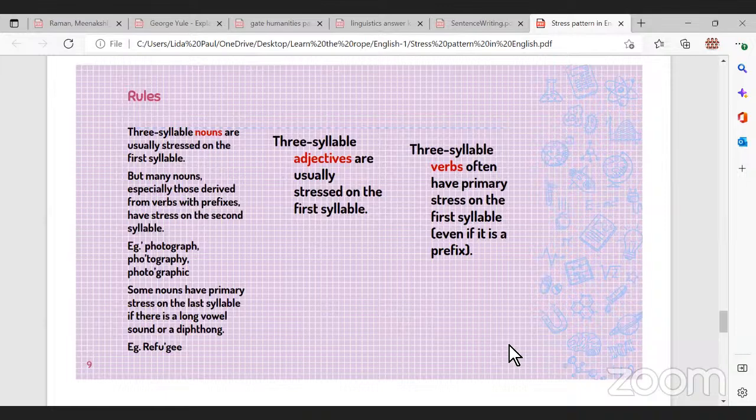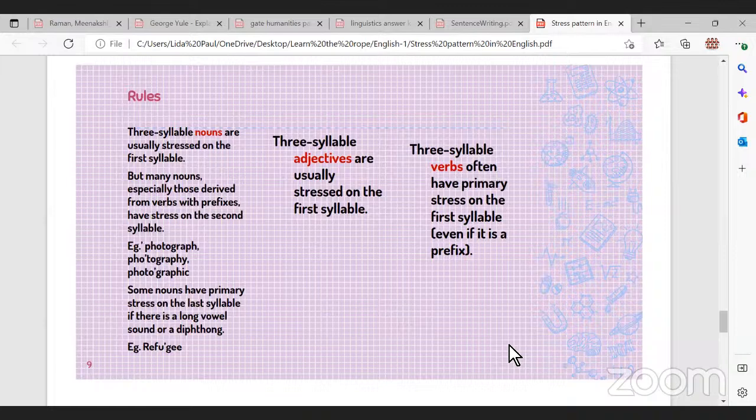Now, another one you see there: some nouns have primary stress on the last syllable. If there is a long vowel, we discussed this already, like in the words career, refugee and trainee. Refugee and trainee take it on themselves because it's a long vowel, of course. But these are also suffixes.